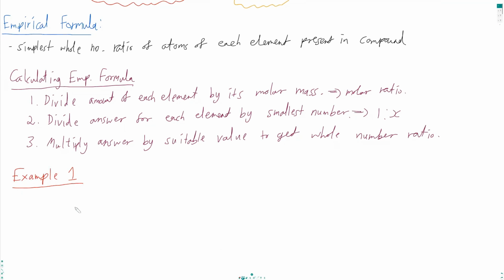So that we have magnesium of 0.6075 grams plus bromine, which is 3.995 grams, to form magnesium bromide.